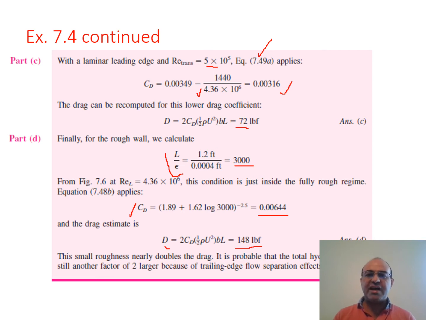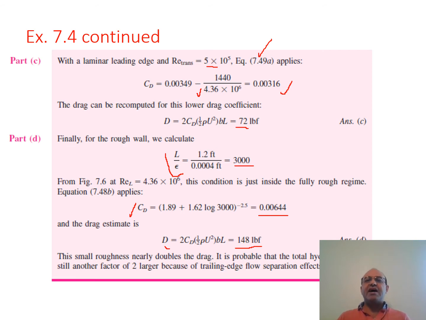So this was the drag force only as a result of friction, and we assume that at the end of the plate there will be no, for instance, additional turbulence, and there will be no separation of the boundary layer from the plate. If there is separation of the boundary layer, then an area of reduced pressure may also develop there, and we may have additional drag because of pressure change.